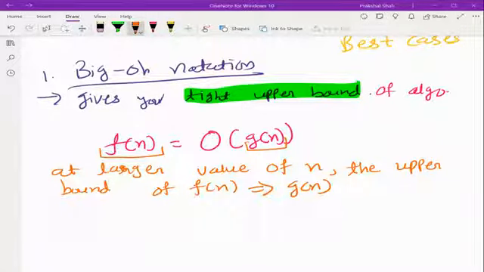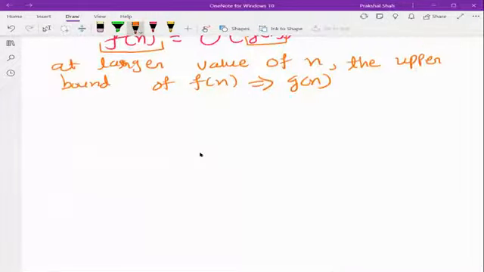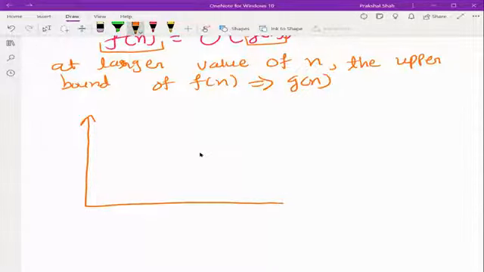Let's say I have this graph. You will not be asked this graph in examinations or interviews. This is just for your understanding, because I understood this concept well by this graph, that is why I'm teaching you this.